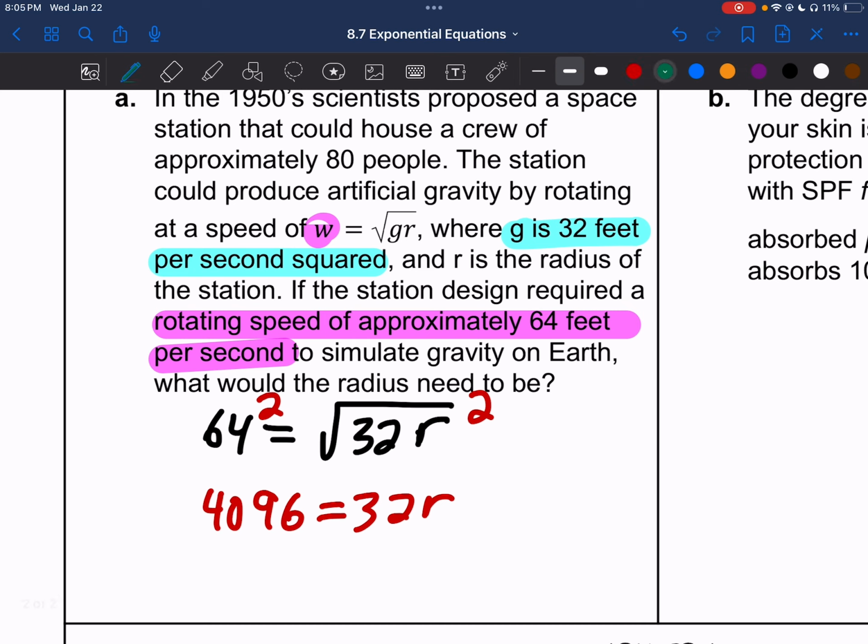And then we just divide by 32. 4096 divided by 32 is 128 feet, which is equal to r. So the space station would need to have a radius of 128 feet in order for it to have that amount of gravity at that rotational speed. So that's a pretty large space station.